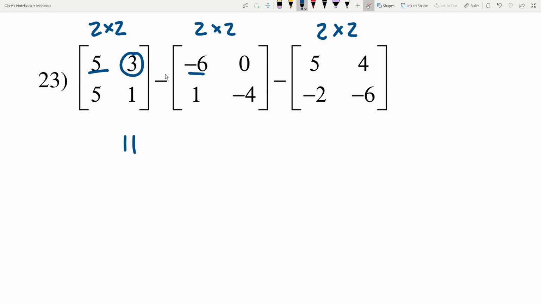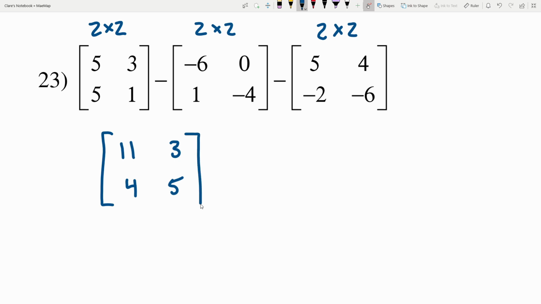And then I'll have 3 minus 0, which is 3. Then 5 minus 1, which is 4. And then 1 minus -4, which is 1 plus 4, which results in 5. So my matrix after subtracting the first two is 11, 3, 4, 5, reading by rows, or 11, 4, 3, 5, reading by columns.